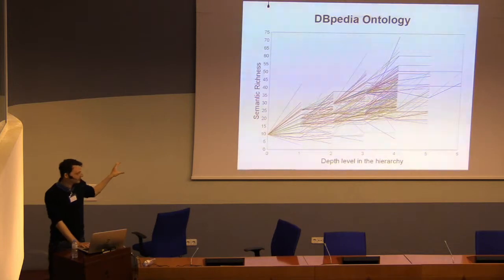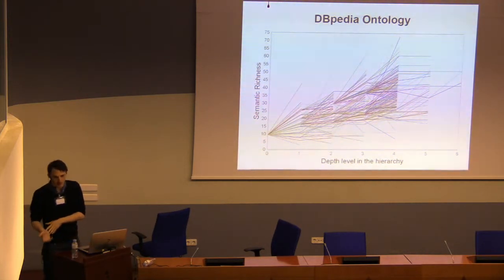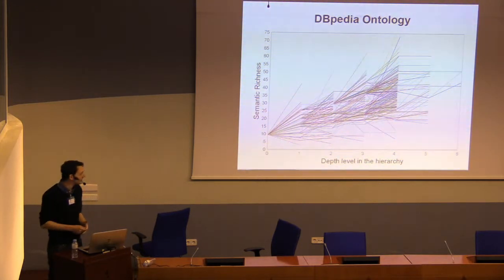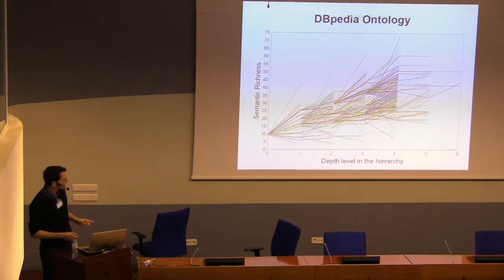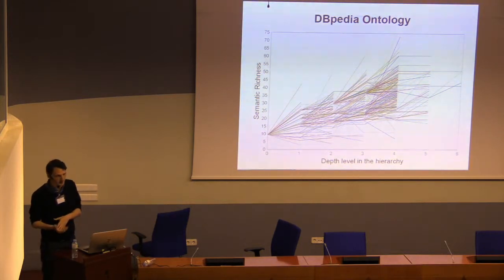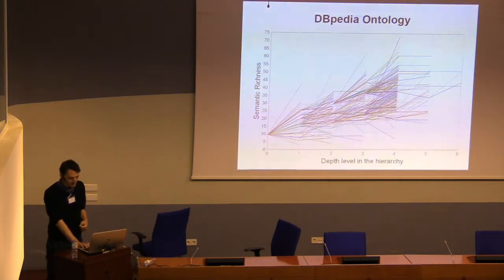As you would expect, the semantic richness measure shows that more specific concepts are in general more semantically rich, which is what one would expect. It is not always the case, and this has something to do with how the DBpedia ontology is built and the fact that sub-concepts are mutually exclusive, but this is a separate issue. If you're interested, you can ask me later.